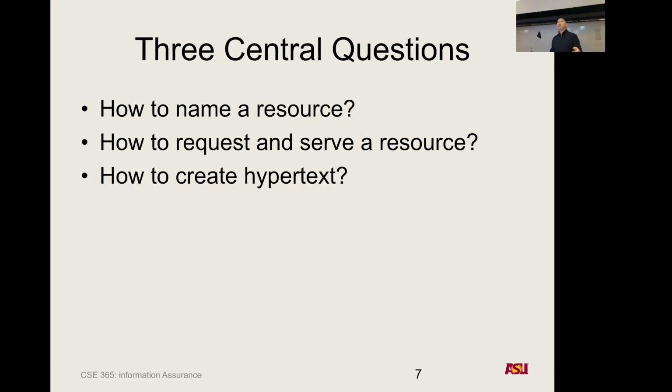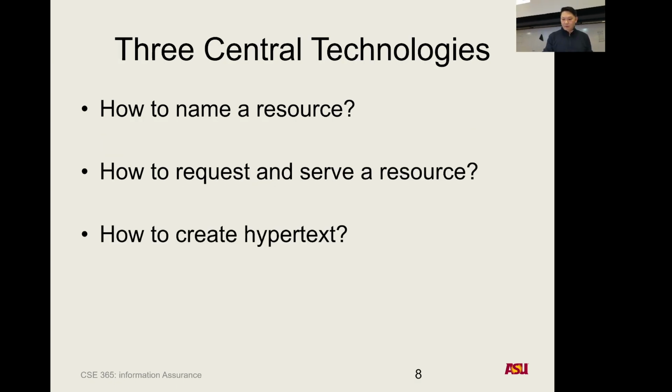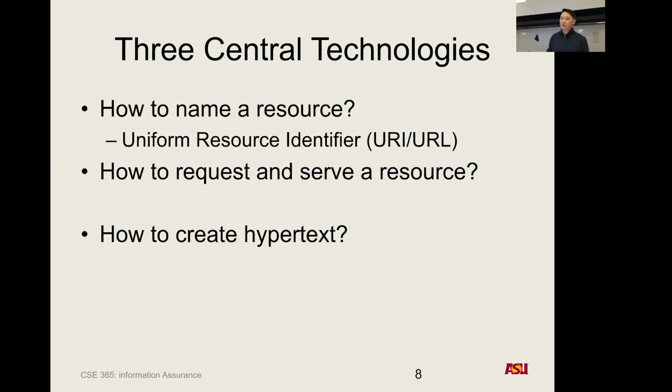Here, a resource is information of a type such as documents, images, and multimedia. The second question is how to request and serve a resource. You have to exchange that data. How to create hypertext? Hypertext is the information chain, right? With the related information.